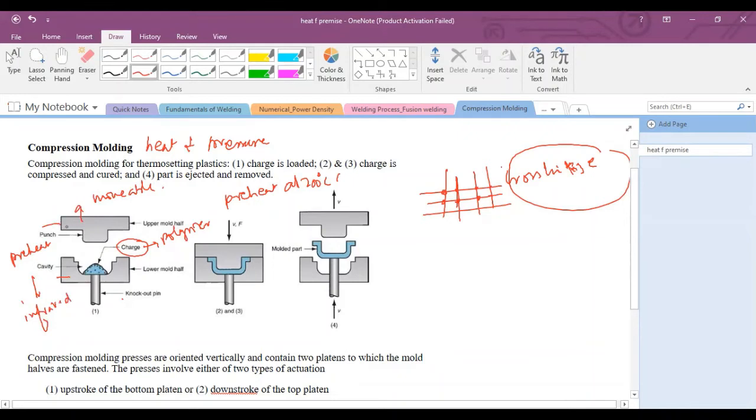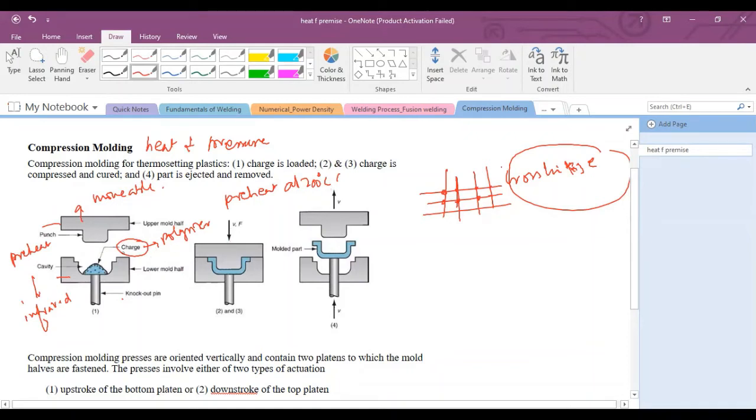Infrared heaters are coupled with both halves of the mold to heat the mold, upper and lower part, and the charge is placed inside the lower mold. This charge is also preheated at 200 degrees centigrade.